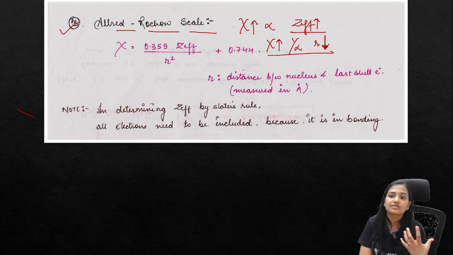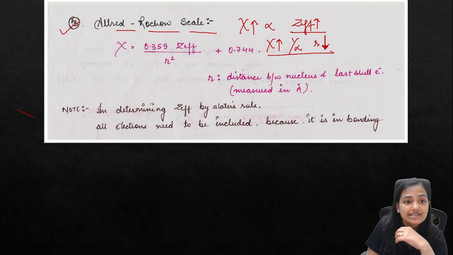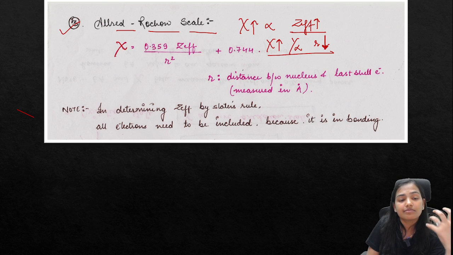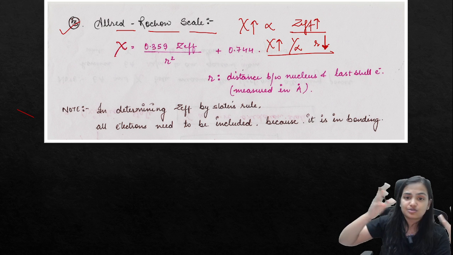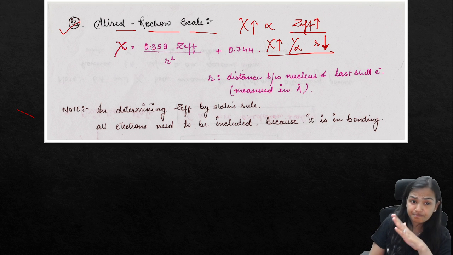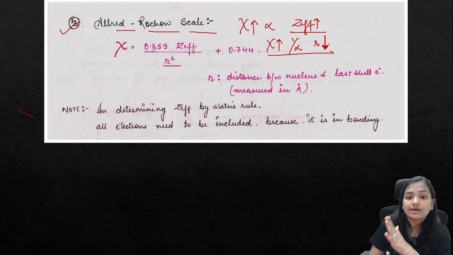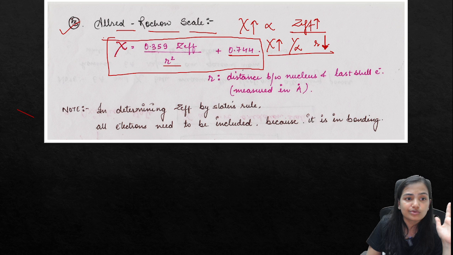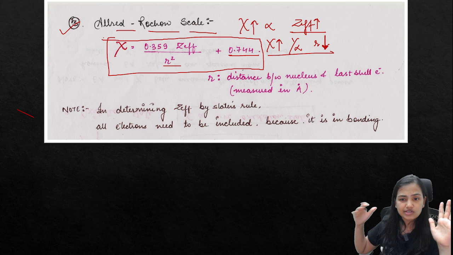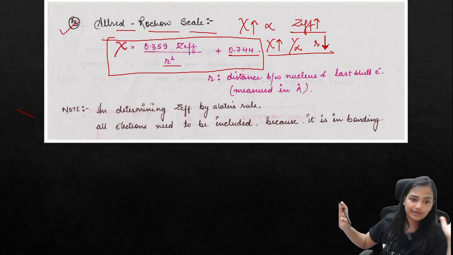So Allred-Rochow has given us a relationship that says electronegativity is equal to 0.359 Z effective divided by r square plus 0.744. Somehow they experimented and derived this expression. Okay, so this is the expression. You just need to learn the expression, no need to go through how it is derived.